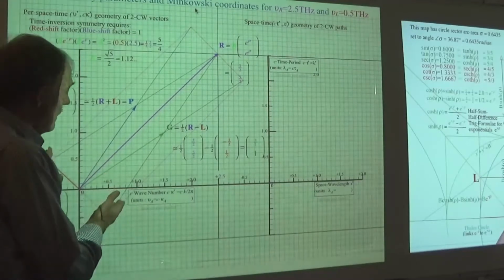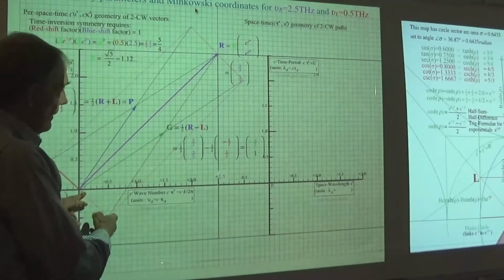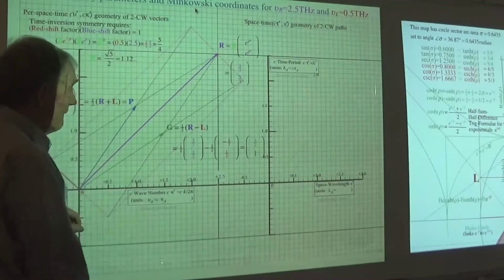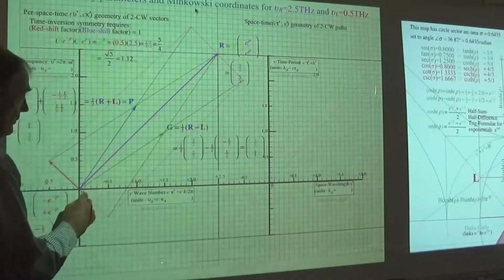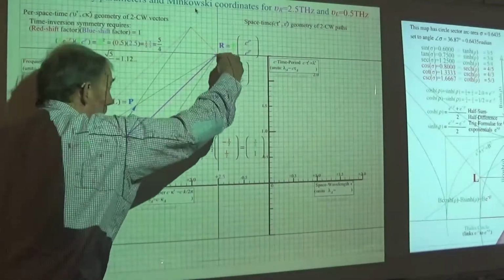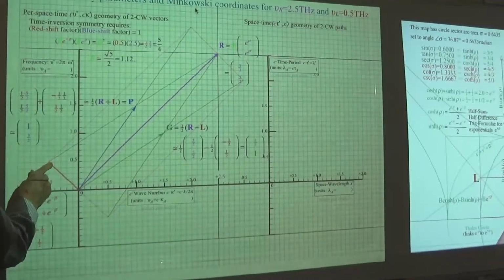And while you're at it, you might as well draw another rectangle down this way and do the half difference. So this guy right here is R minus L. That's this big R here minus the L vector, which is right here.